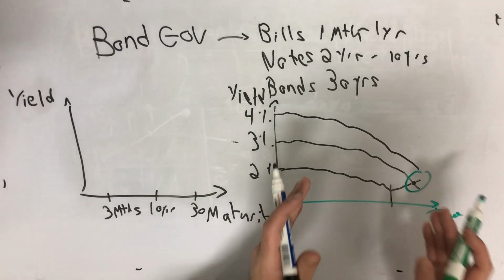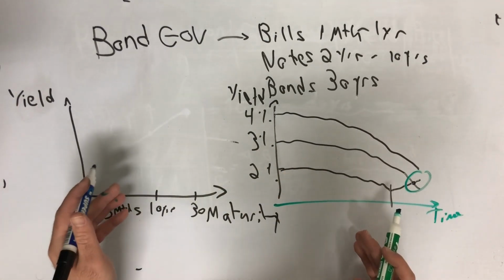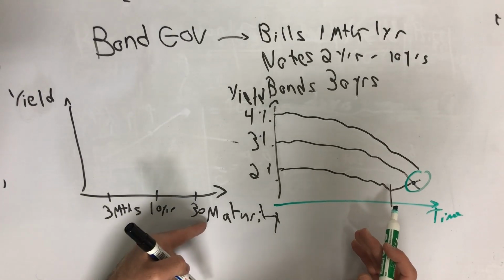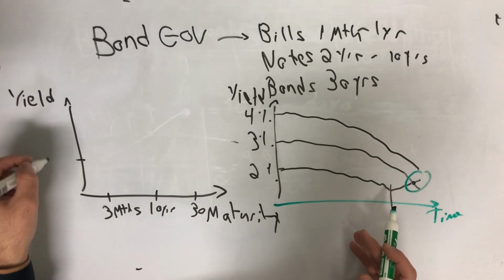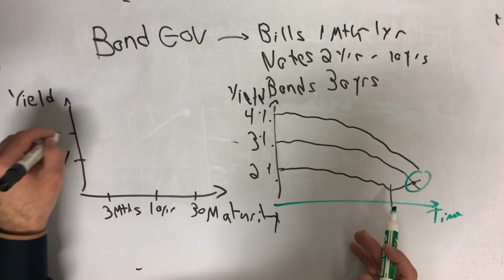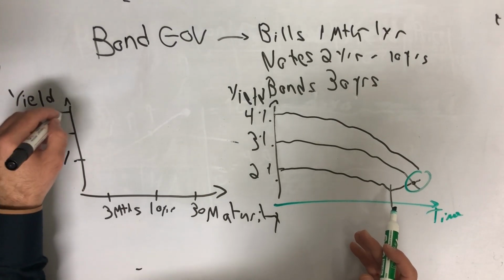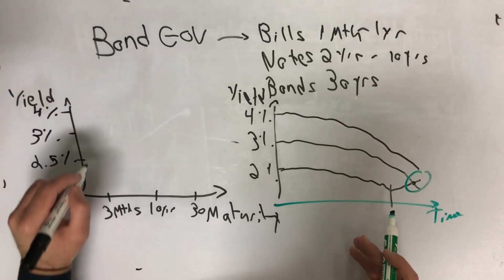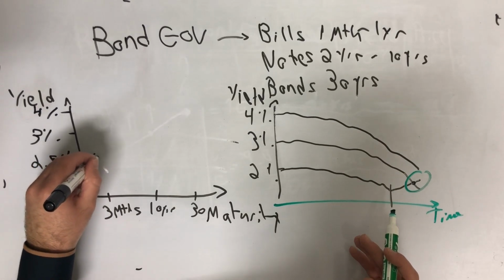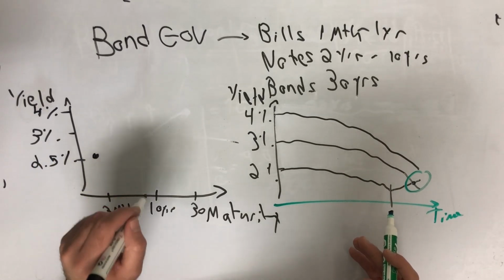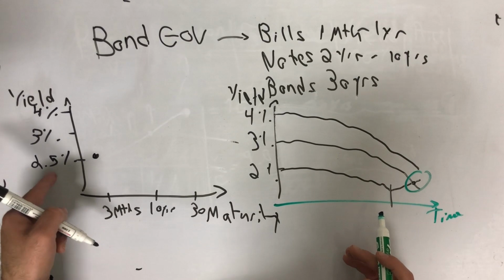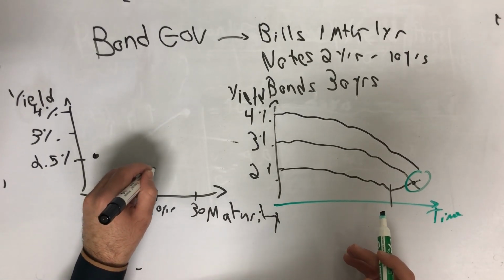If we want to translate those numbers into this chart, the same one that has the maturity on it, here it would be, let's say, 2.5%, here it would be 3%, and here it would be 4%. The 3 months yield would be over here. The 10-month yield, which is lower than the 3 months, would be over here.